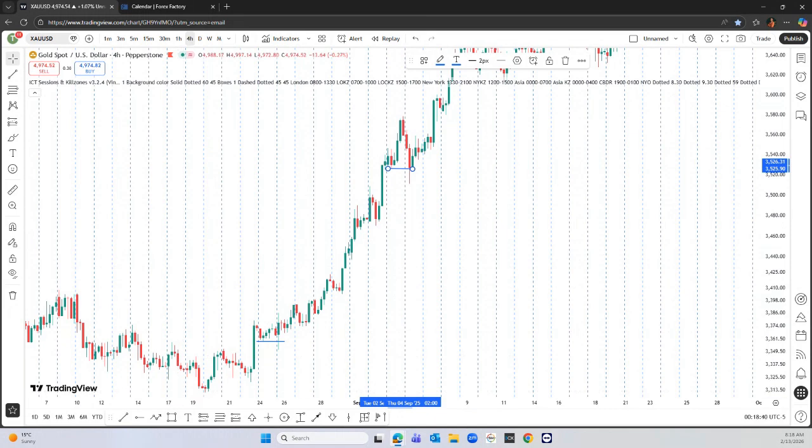Those are the main things you want to look at in a trend: higher highs and higher lows for an uptrend, lower lows and lower highs for a bearish trend, structural continuation, and liquidity sweep before expansion.